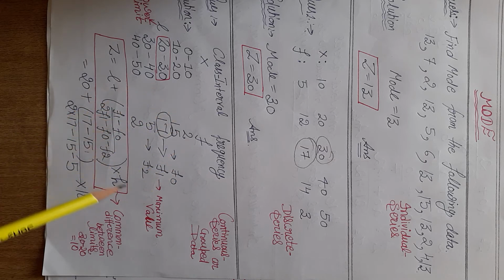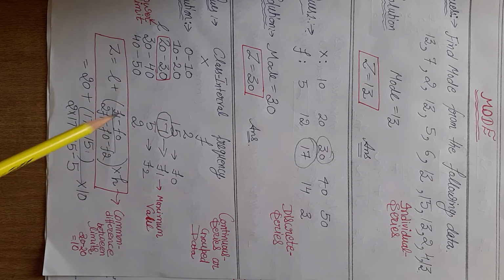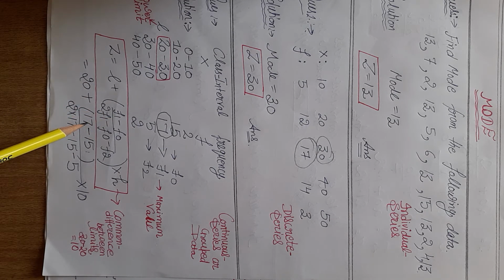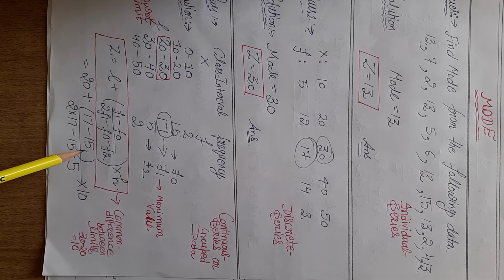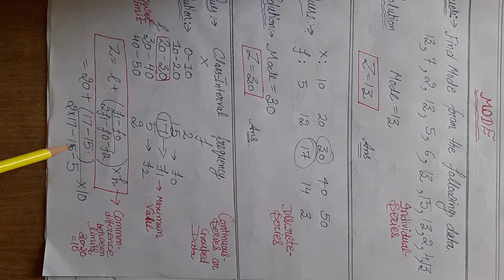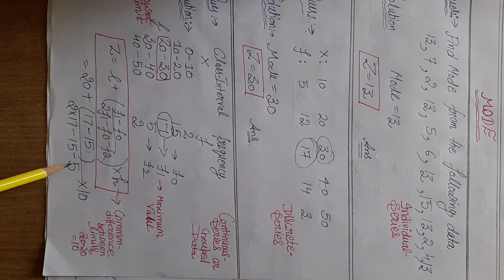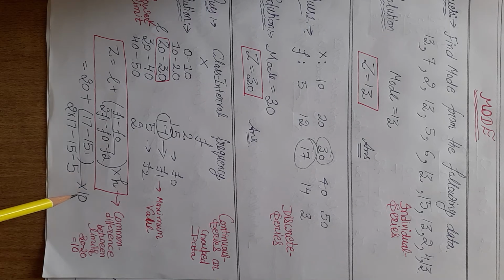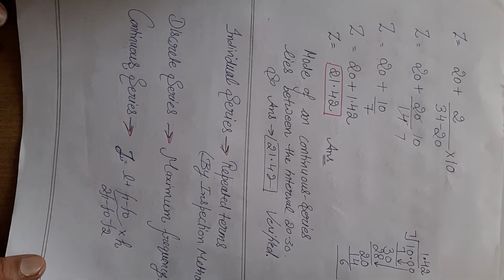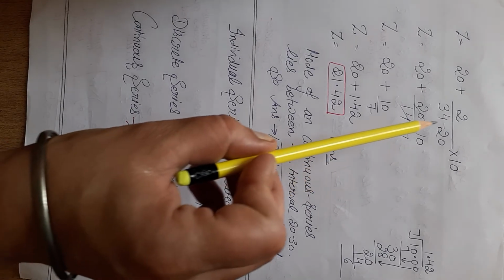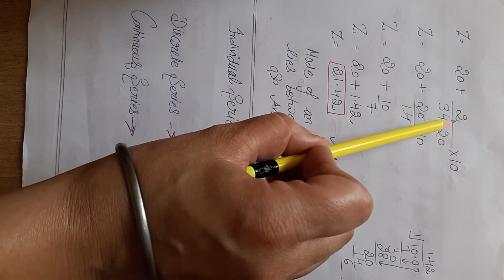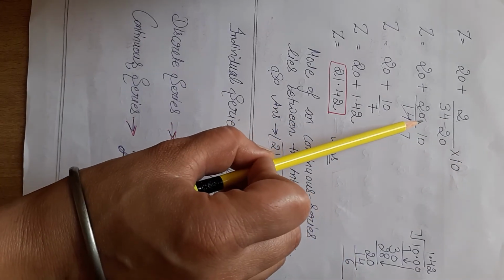So we put all these values in our formula. We put the value of L is equal to 20, the value of f1 is 17, f0 is 15, and again the value of f1 is 17, and the value of f0 and f2, and the value of h is 10. After calculating it, we get our answer. You can solve here: multiply 2 by 10, you get 20.